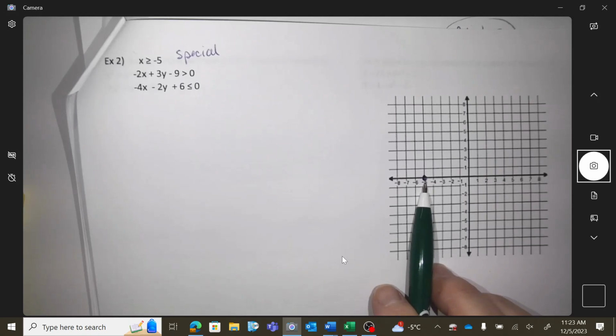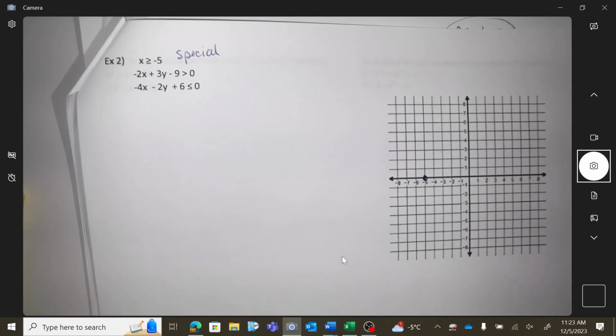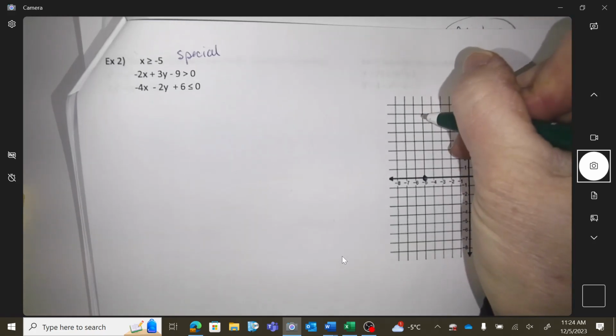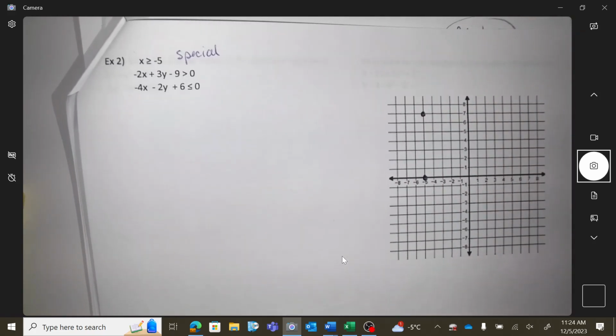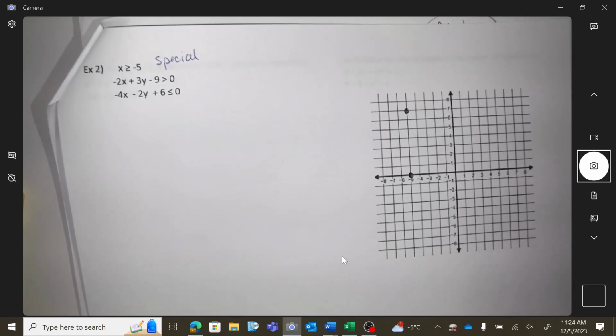Can you put a second coordinate anywhere that has an x value of negative 5? So something like that also has an x value of negative 5. So what kind of special line does x lines make? Vertical.